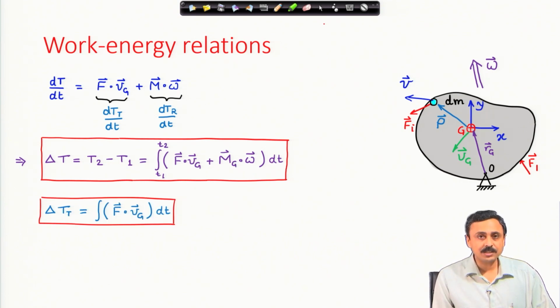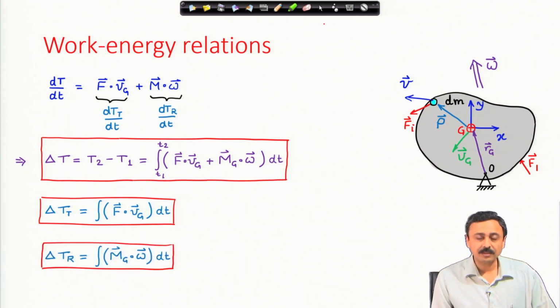The change in the translational kinetic energy comes from the integral of force dot velocity of center of mass over time, and the change in the rotational kinetic energy comes from the integral of the moment dot omega vector over time.